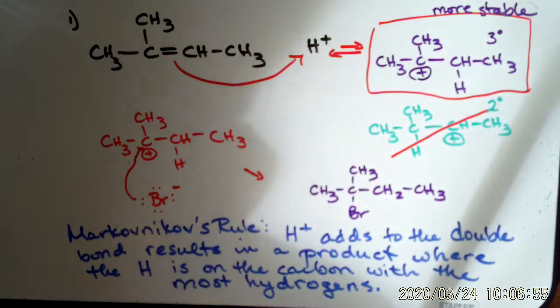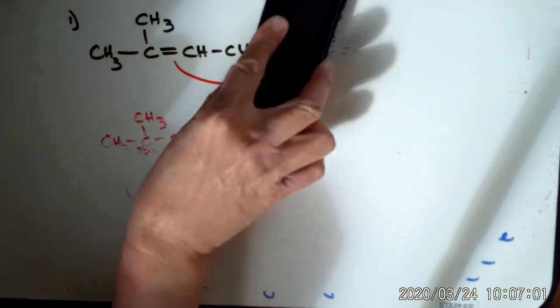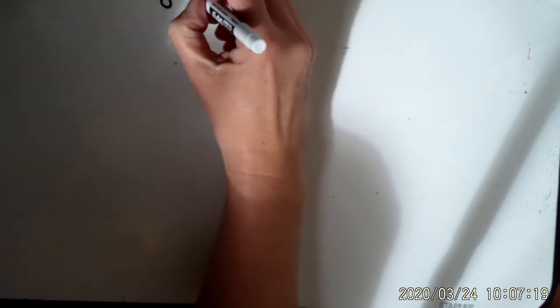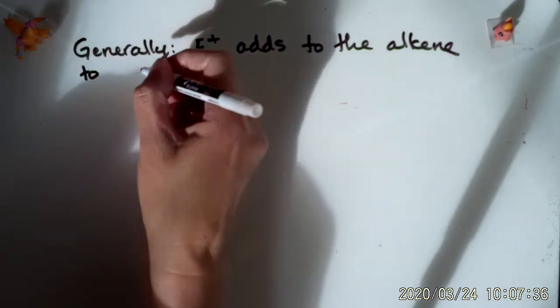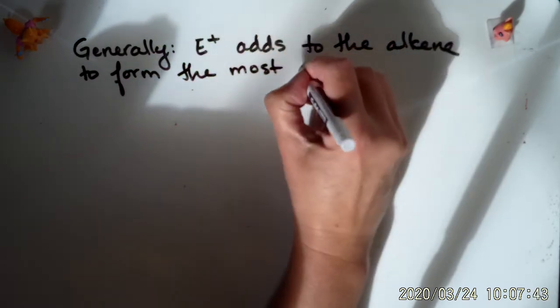But in a more general sense, when we think about Markovnikov's rule, more generally, the electrophile adds to the alkene to form the most stable intermediate.